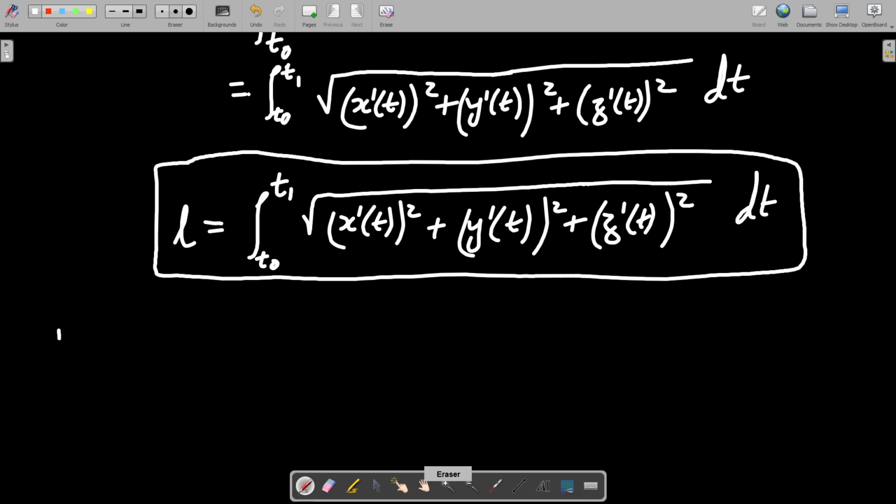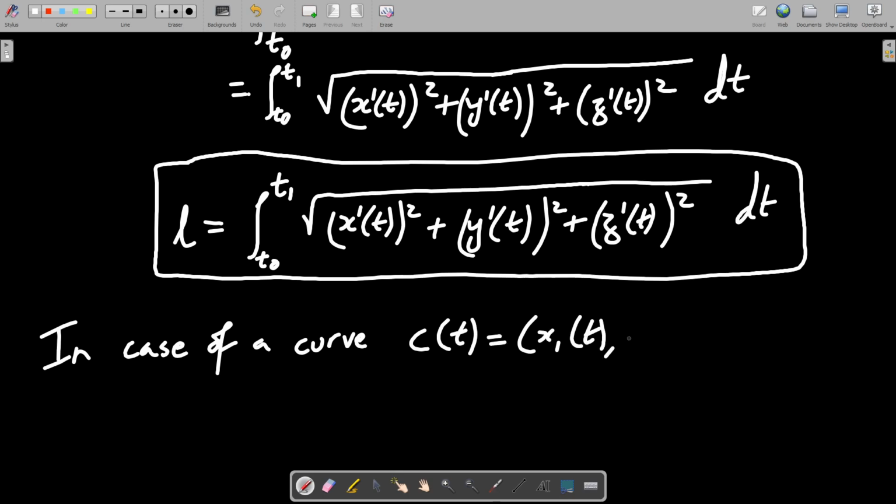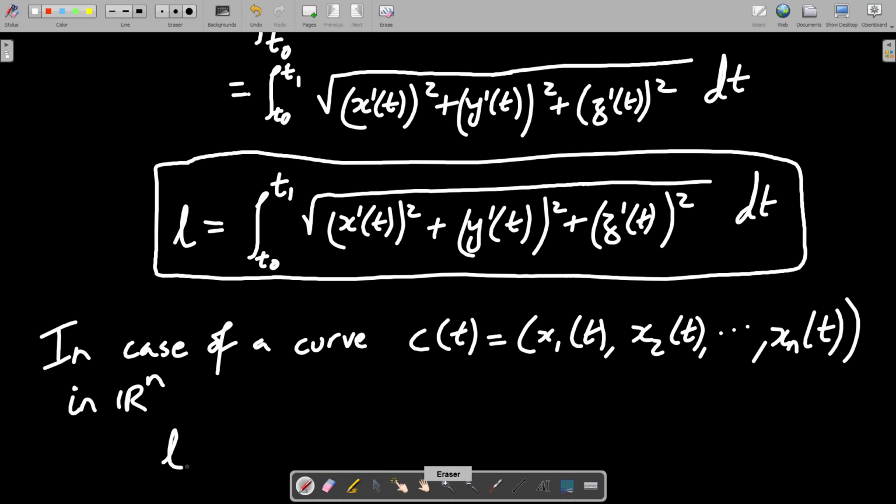Clear? In case of a curve C in Rn, how will you define the length?